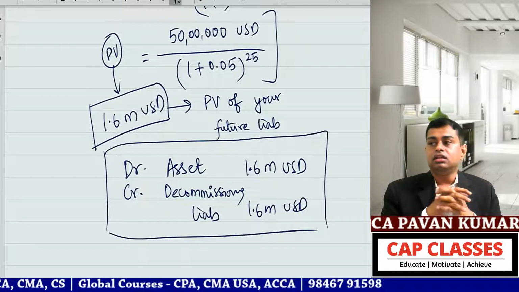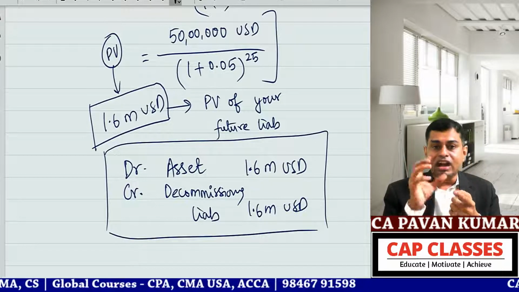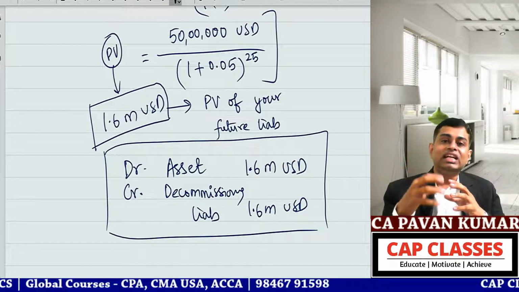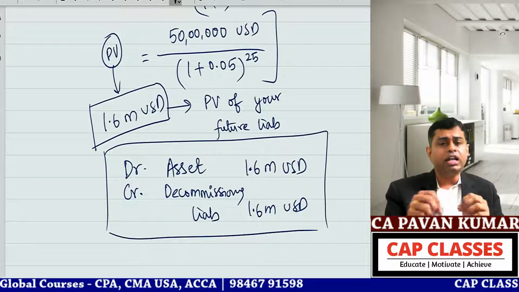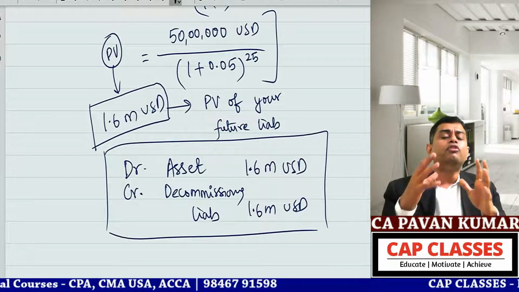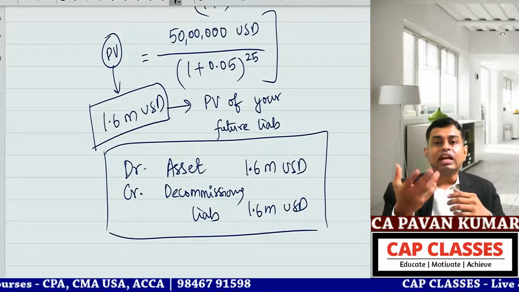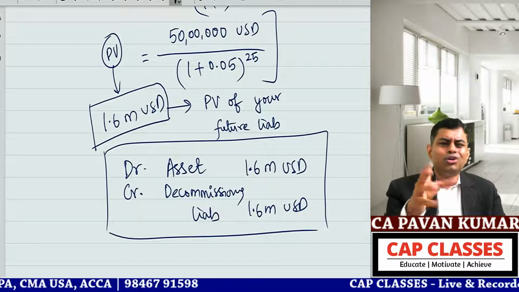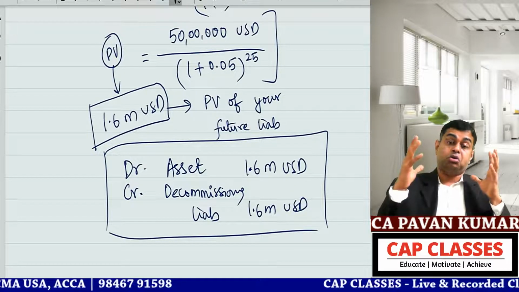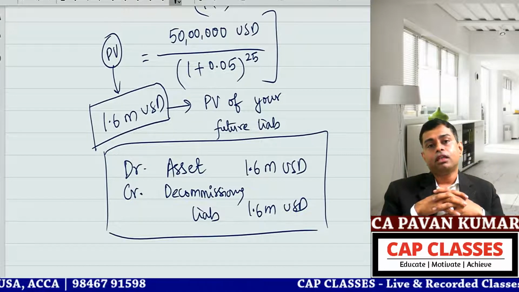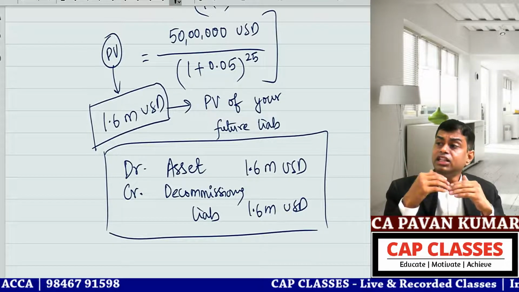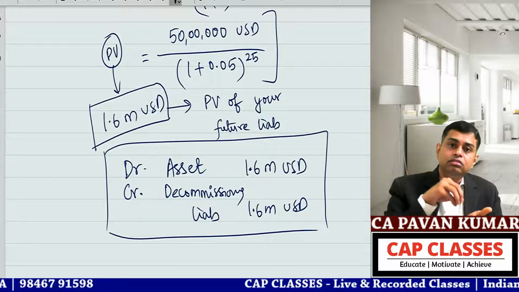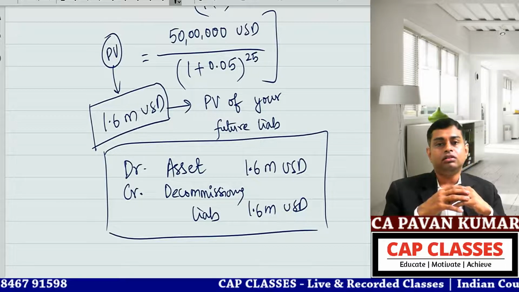So what is this? You have an asset. Step 1, you have an asset. After a few years, the asset is to be dismantled or decommissioned, and you need to remove it. For that, you will incur some cost. Material, huge cost. If it is 1 rupee, 2 rupee, $1, $2, you will not do this accounting. Material amount. And then there is so much of difference between today and the future period.